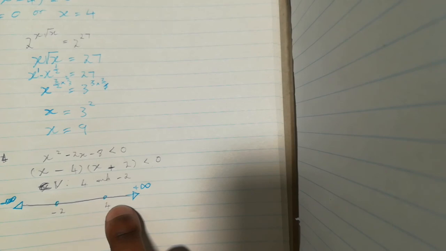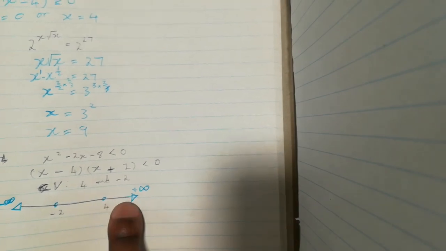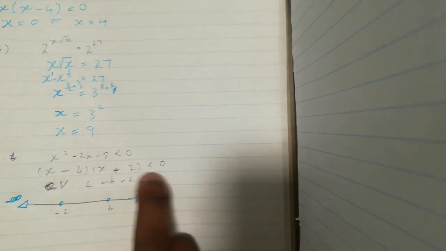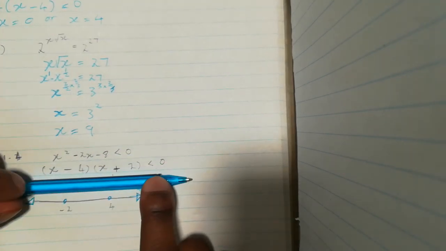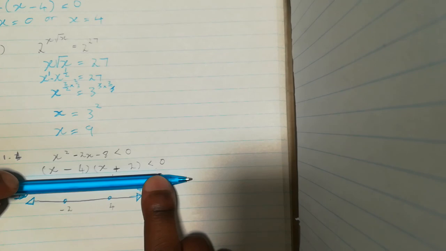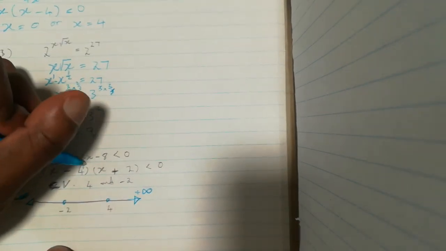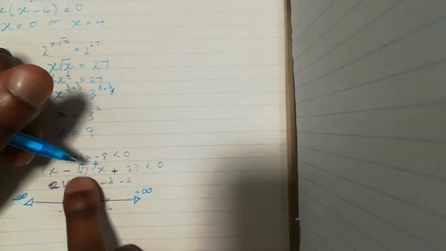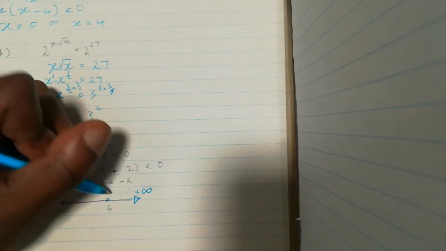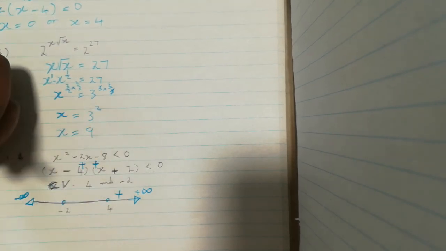In this case, I'm just going to use 5. So if you take 5 and you substitute it into this, it's going to be 5 minus 4 multiplied by 5 plus 2. That number is going to be positive since 5 minus 4 is positive and 5 plus 2 is also positive. A positive multiplied by a positive is a positive.